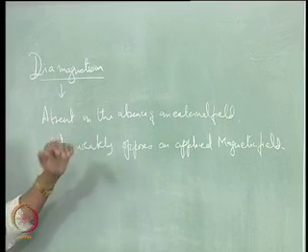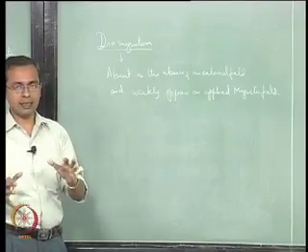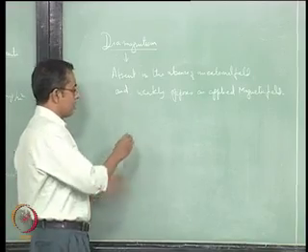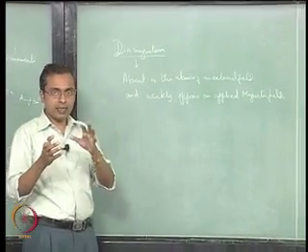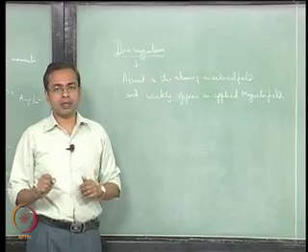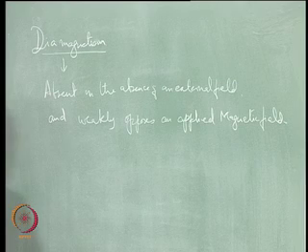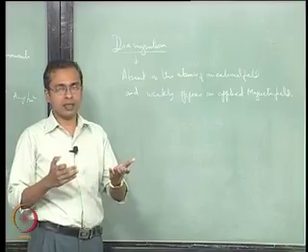So if you look at a situation where all of them are originally cancelled, the atoms are all neutral, so you will have a series of atoms which are all neutral, and then when you apply a magnetic field, it interacts with the orbital magnetic moment of those atoms, and they try to oppose this imposed magnetic field. Okay, so they now stand in opposition to this field, but it is a very weak interaction.